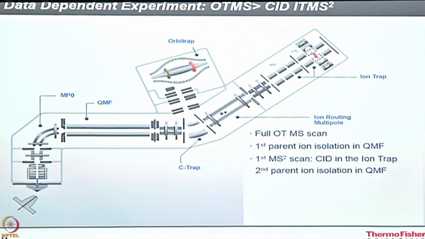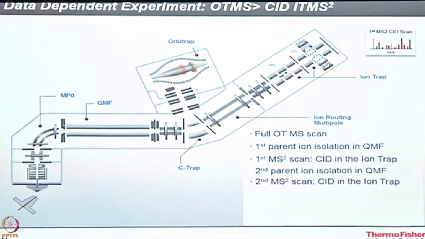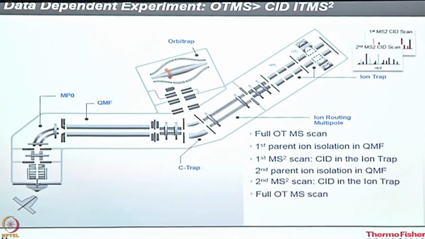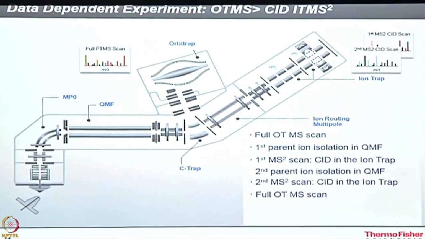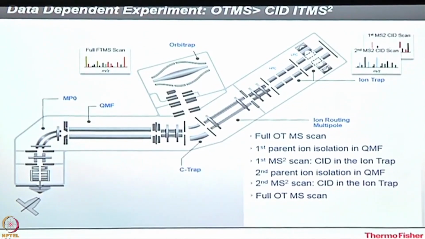So you are not losing any molecule as well as time. It's a parallel reaction. When all the MS2 scans are over, at the end of the full scan you will get the MS scan as well as the MSMS scan. So you are not losing any time or any sample.